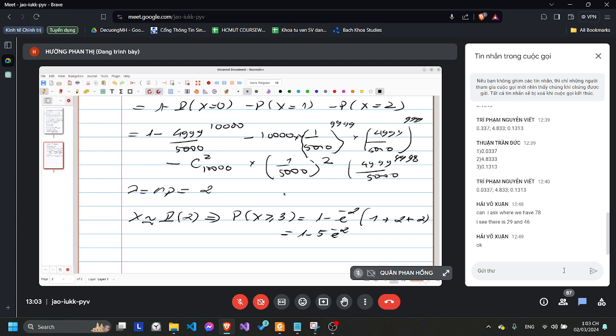Okay. So you can see that even though this is just an approximation, using these approximations, in this case, you have very, very beautiful values. 1 minus 5 e to the power minus 2. It's very convenient, comparing to these solutions. And if you use your calculator, you will see that surely this number and this number are approximately equal to each other.